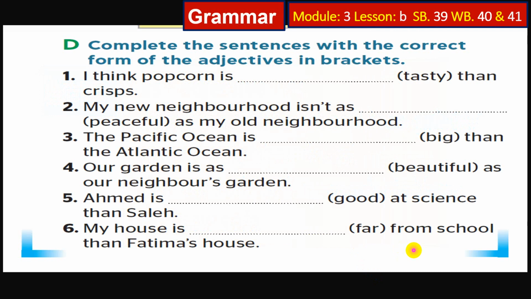Move on to exercise D now. Pause the video now, answer the questions, then come back to check your answers. Okay, have a look at the first one. I think popcorn is tastier than gross. What do you think about this one? Tastier, thank you. My new neighborhood isn't as peaceful as my old neighborhood.